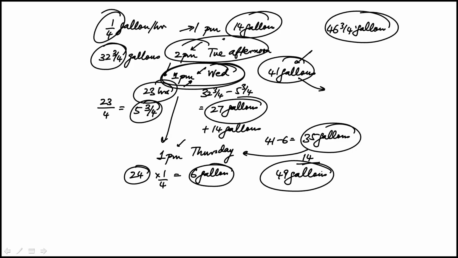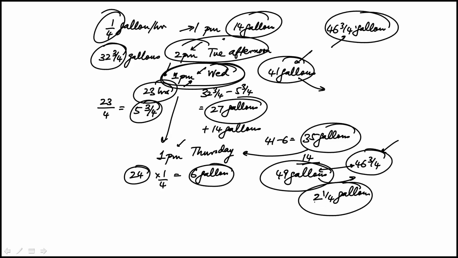And now it's going to drop, and at some point it will hit 46 3/4. So then what we can see is, for 46 3/4, how much do I need to drop this by? So this would be 2 1/4 gallons is the drop from 49 to that target volume.